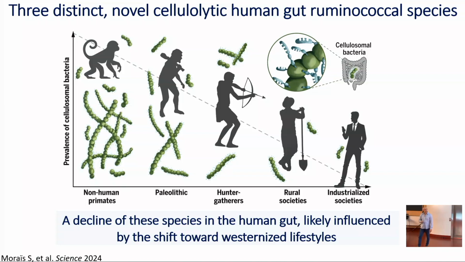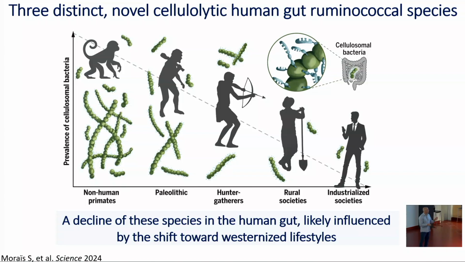And we find that in industrialized humans, you would find maybe 4% in each population that would have this species within them, meaning that here maybe 4 of you would be able to utilize the plant fibers and might be actually enjoying that and not suffering from, for example, constipation.